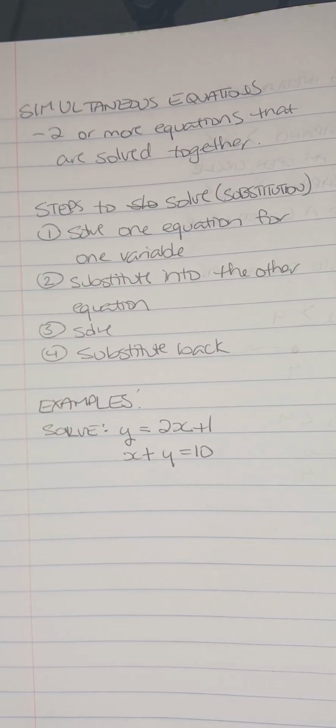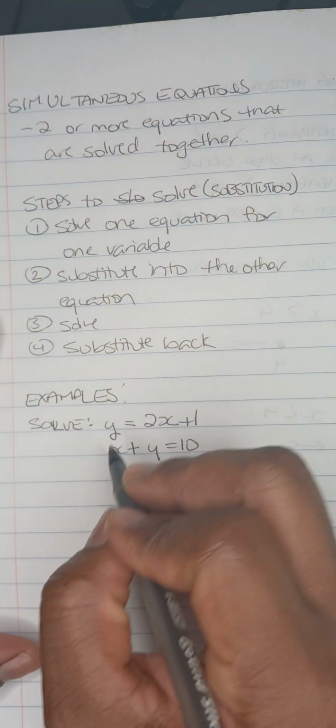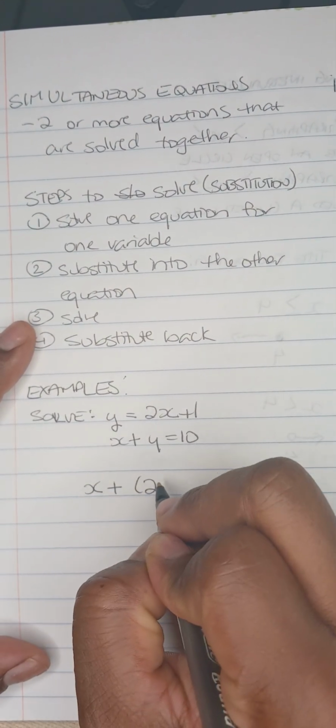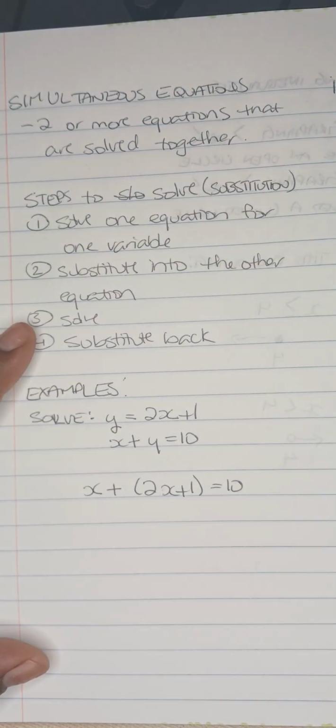All right, so what we're going to do is substitute the value for y into the second equation. And so what that will look like is x plus 2x plus 1 is equal to 10.